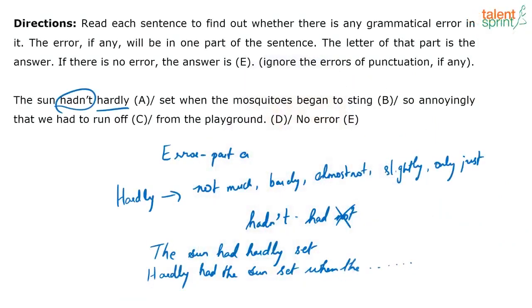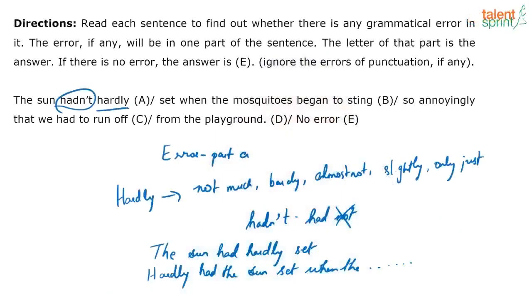So I don't say hardly had not the sun set, because hardly itself brings in that meaning: barely, almost not, only just. So remember, double negatives: anything that is giving me a negative meaning twice. I'll have to look for those errors and pick the right answer. Let's move to the next question.